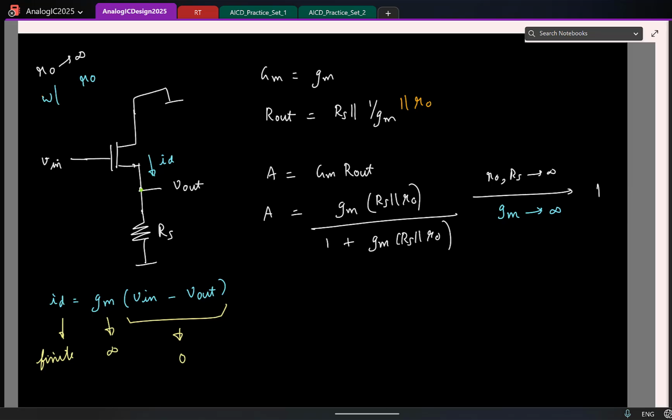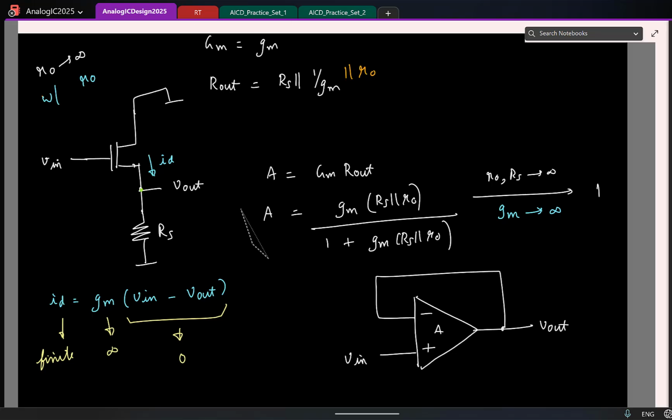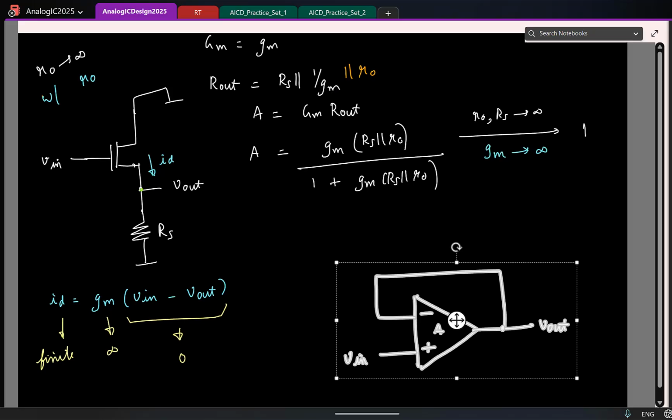Remember, this is the same thing as what you learnt as virtual ground in op-amp. So let us say this is an ideal op-amp, which is what we are trying to build. Let us say you already had an ideal op-amp and do this. If this is Vin, the gain is A. This is Vout.